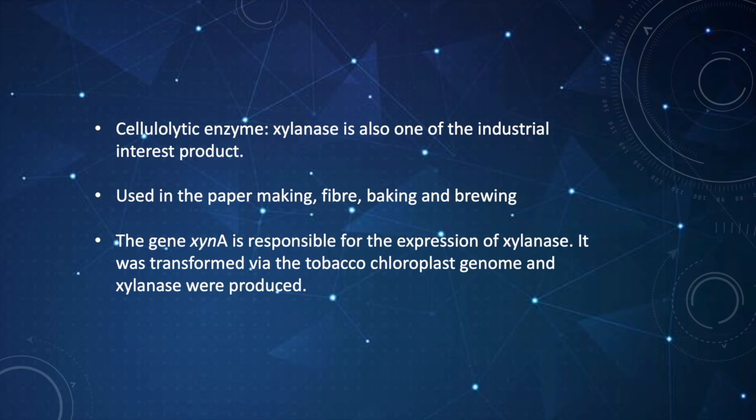Xylanase is also one of the industrial interest products which is used in paper making, fiber, baking, as well as brewing. The gene Xyn-A is responsible for the expression of xylanase. This particular gene was transformed via the tobacco chloroplast genome, and then the xylanase was produced.